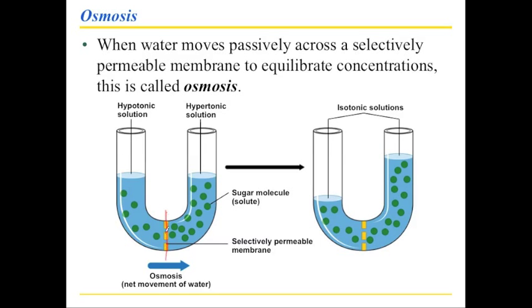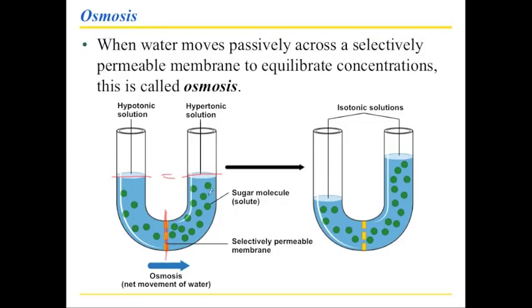So here you have the solution. This happens to be water, and there is sugar at two different concentrations on either side in the U-shaped test tube. Now, U-shaped test tube means that the water level on both sides is going to be the same. So the water level over here is going to be the same as the water level over there.